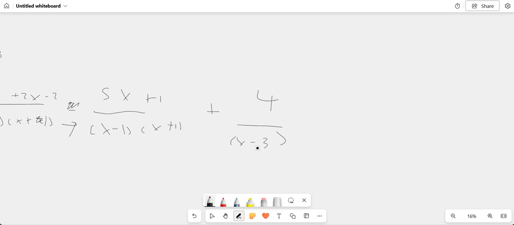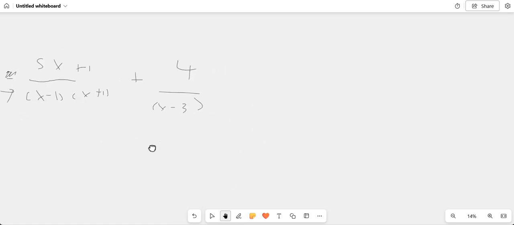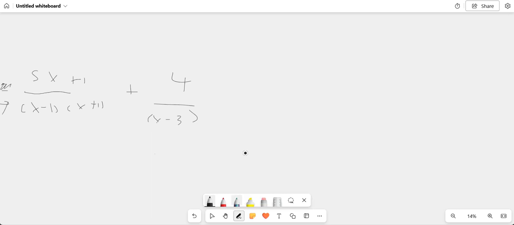Obviously, we're going to have to times the right-hand side by x minus 1, x plus 1, and then times the left-hand side by x minus 3. So times this by x minus 3. And then on the bottom here, you've got x minus 1, x plus 1, x minus 3.